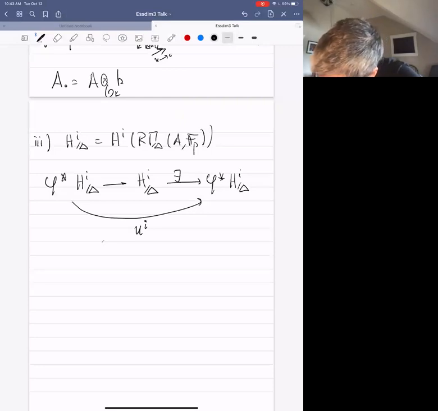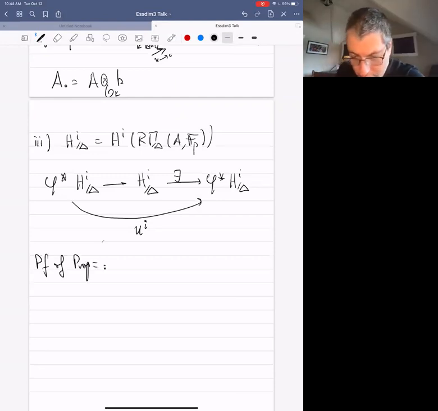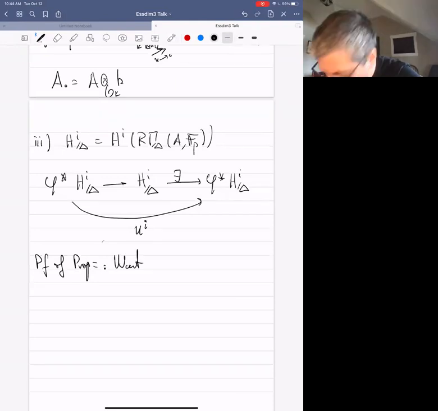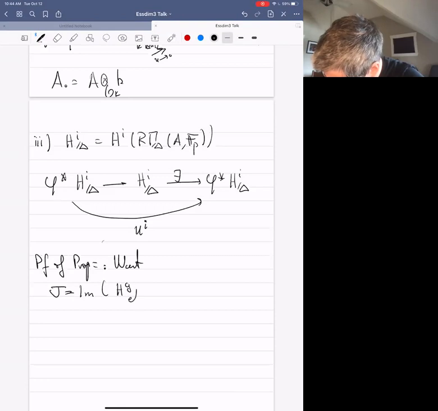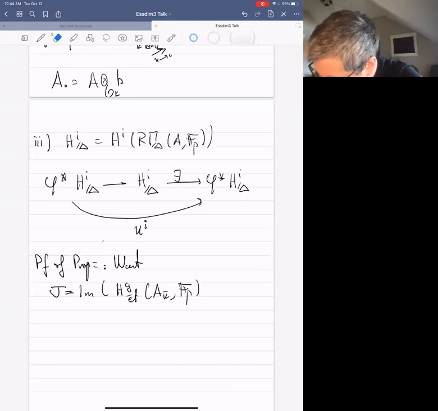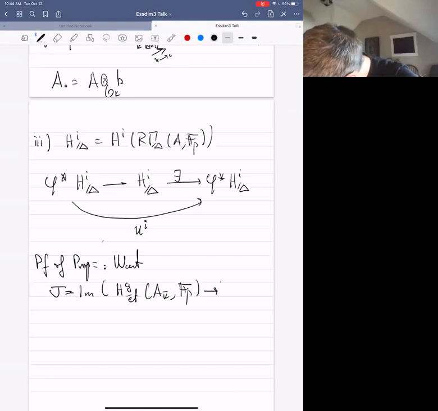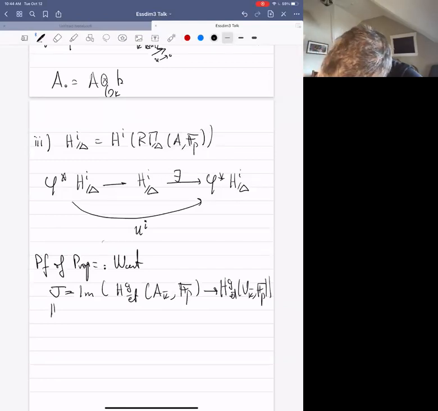Okay, so now I can explain to you the proof of the proposition. So remember, what does the proposition say? It says that if I look at the image of this restriction map, that this is non-zero.